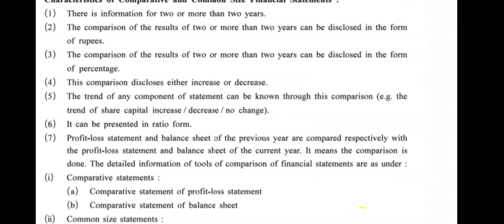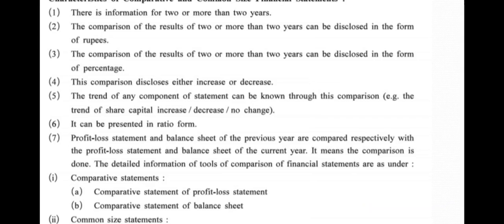Now this comparison discloses either increase or decrease. So obviously this comparison shows us whether the particular item has increased or decreased, maybe of balance sheet or of profit and loss account, maybe a liability, asset, or income or expenses, or sales or anything.